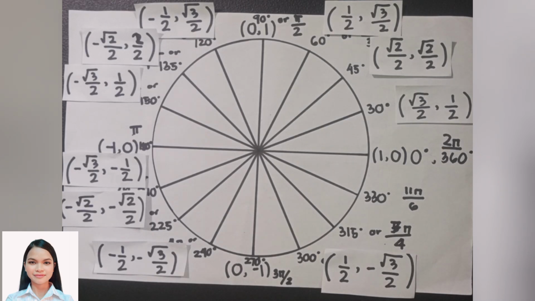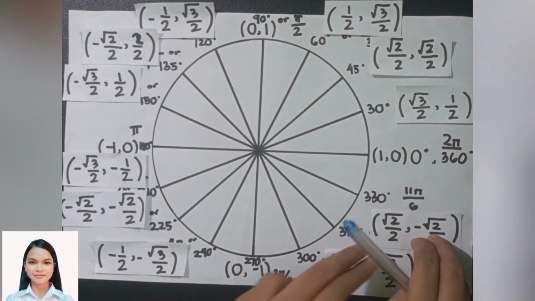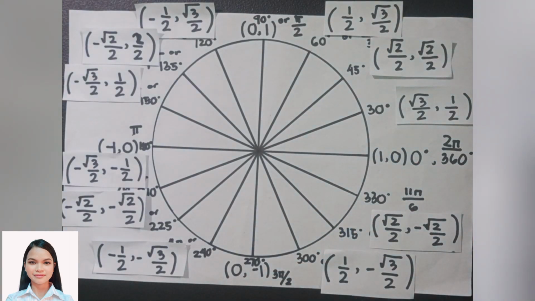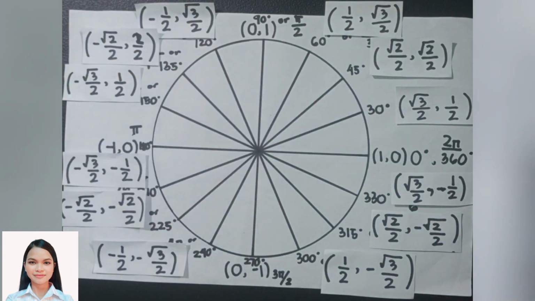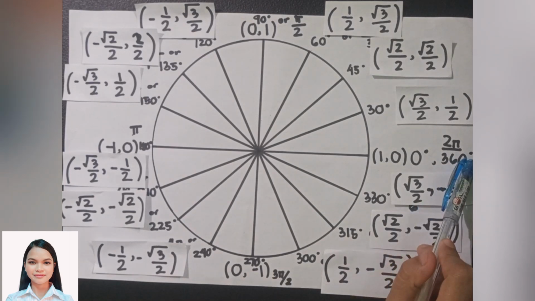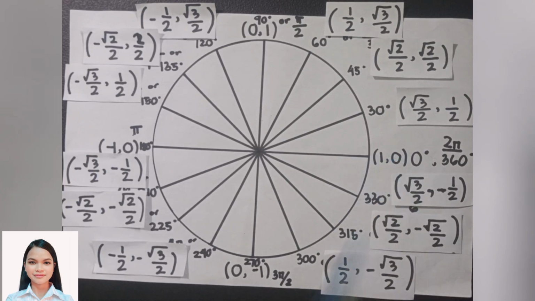For 315 degrees, the ordered pair is square root 2 over 2 and negative square root 2 over 2. And for 330 degrees, the ordered pair is square root 3 over 2 and negative 1/2. And for 360 degrees, the ordered pair is 1 and 0.